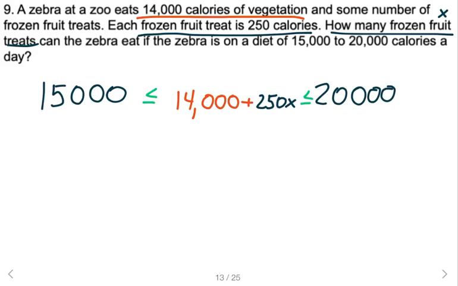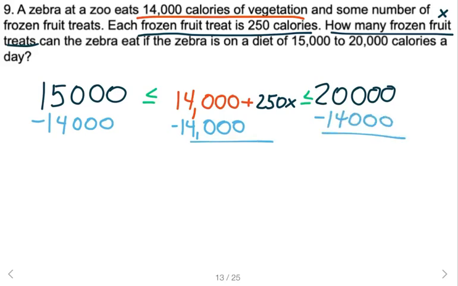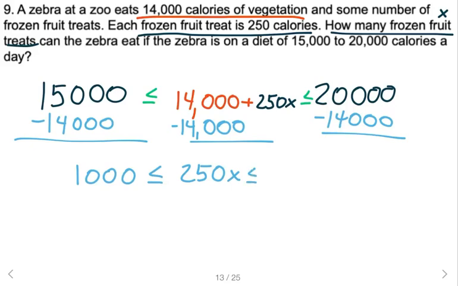So we've got this inequality, and so we'll subtract 14,000 from the middle, from the left, and from the right. So when we do that, we get 1,000 is less than or equal to 250x, which is less than or equal to 6,000.